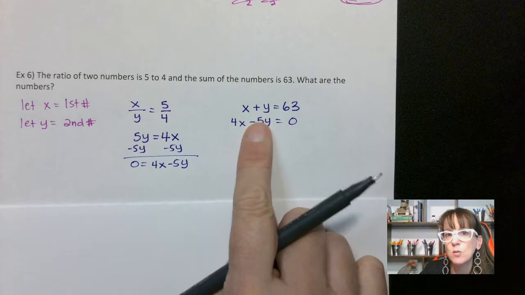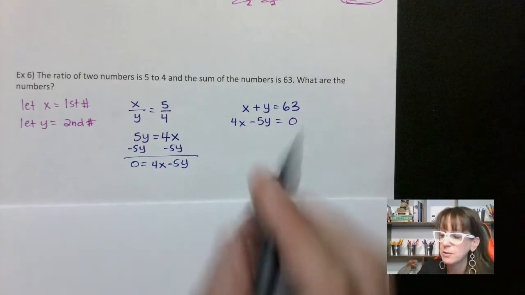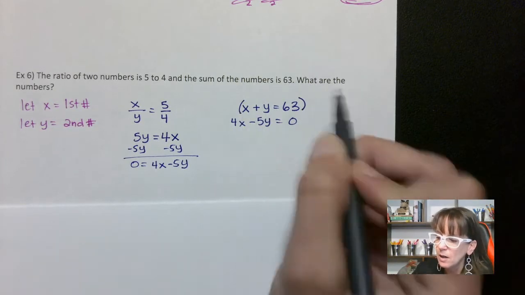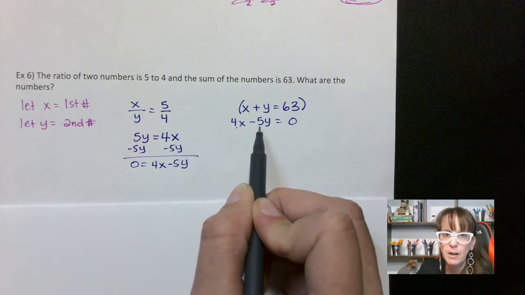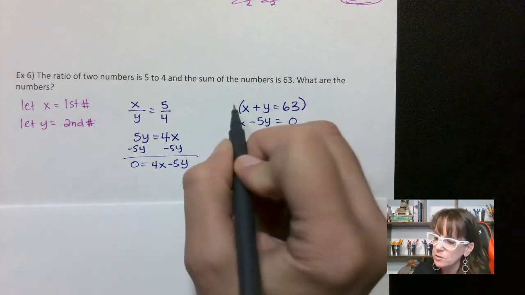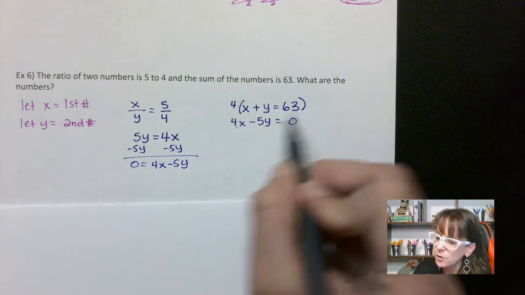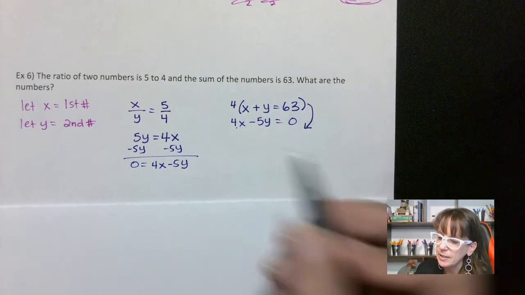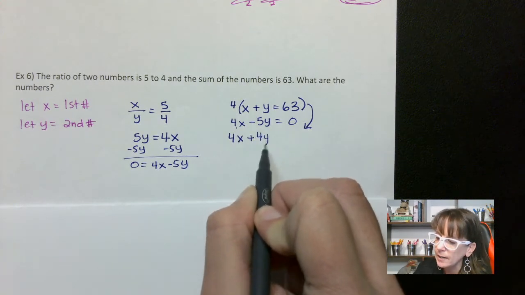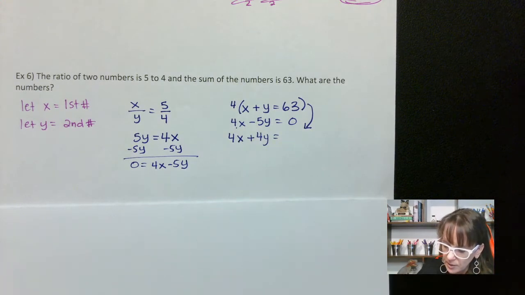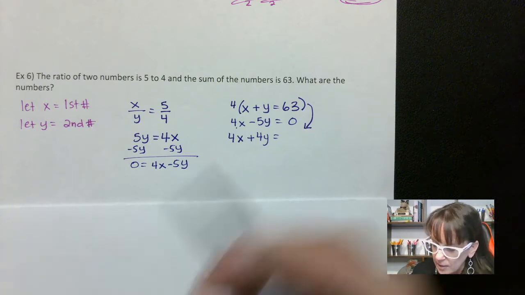In order to eliminate either the x or the y, I'm going to have to multiply this top one by 4 or by 5. So let's do 4, and I'll write it right underneath. Now we have 4x plus 4y equals 63 times 4, which is 252.